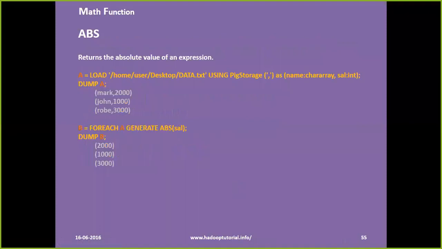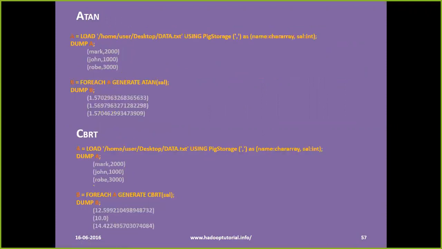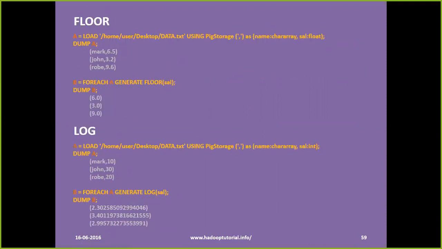Okay, so some of the math functions. These functions are self-explanatory, I don't need to explain them. For your reference, I kept all of these in the slides. To get an absolute value, we have the ABS function, and cos, sine, tan.